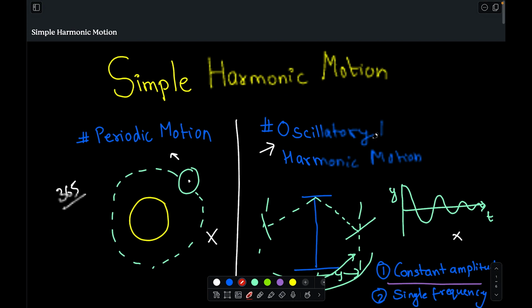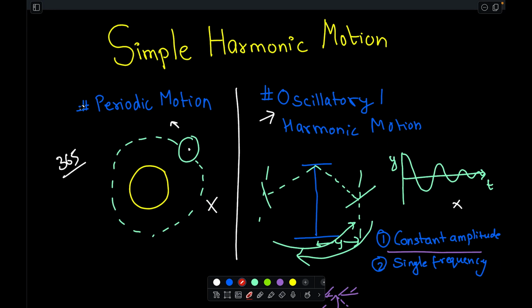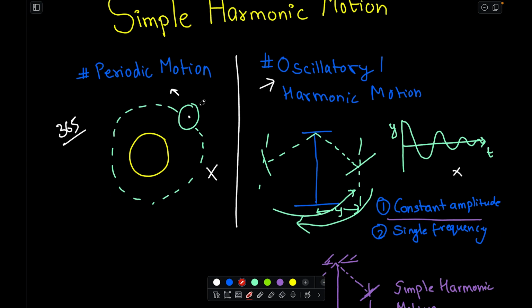Let's just revise what we just said. Simple harmonic motion is a type of periodic motion at first. And what is periodic motion? Simply, it's a motion in which a body returns back to its original position after a certain interval of time.